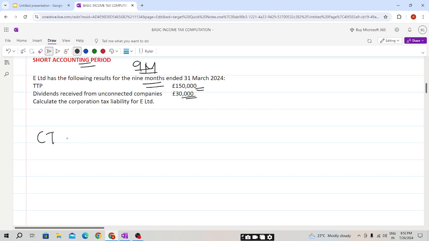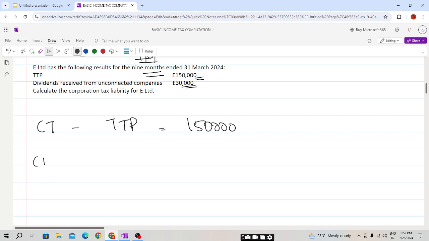So the corporation tax will be calculated on the TTP. Our TTP is 150,000 pounds into the corporation tax rate. How will we select the corporation tax rate? By comparing augmented profits with the statutory limits.